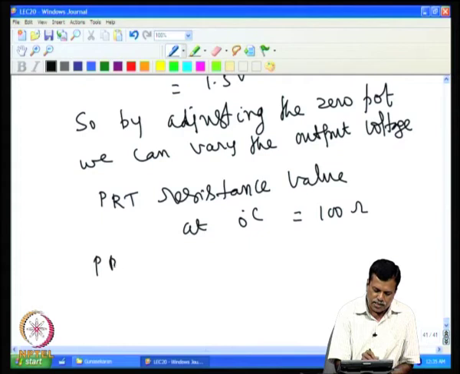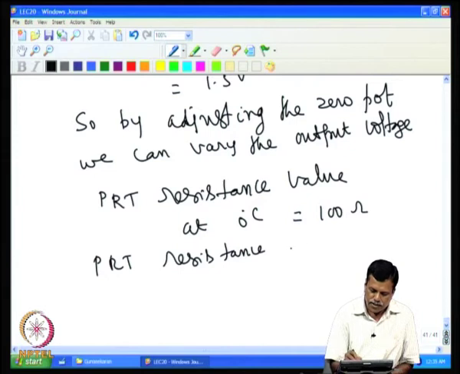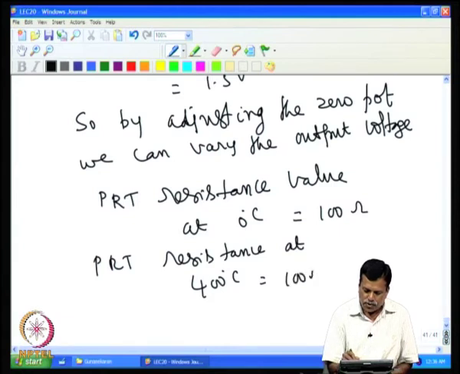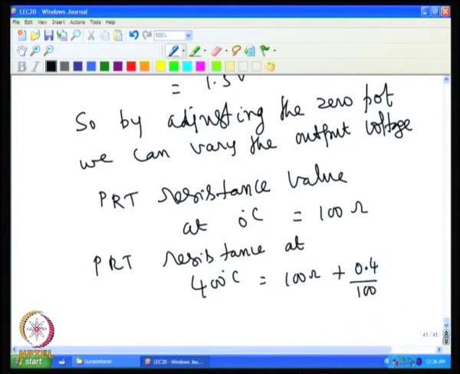So, PRT resistance at 400 degree C, that is 100 ohms plus 0.4% change, 0.4 ohms per degree, into 400. 0.4% into 100 ohms, so that gives 0.4 ohm into 400, that will become 260 ohms. So, at 400 degree C, the PRT resistance will become 260 ohms.